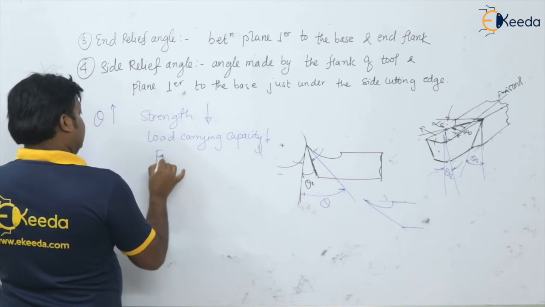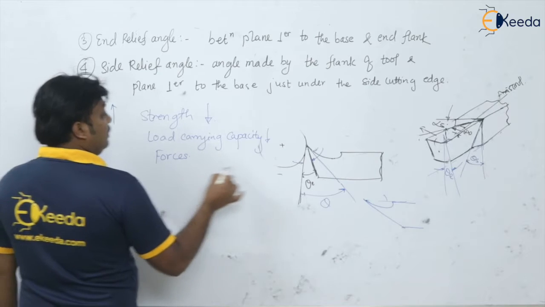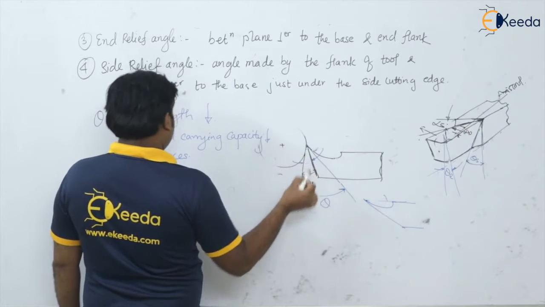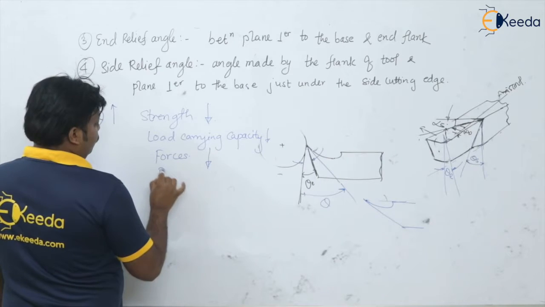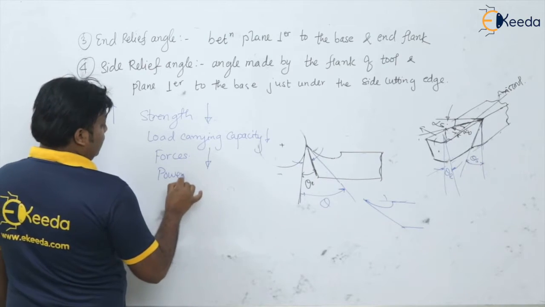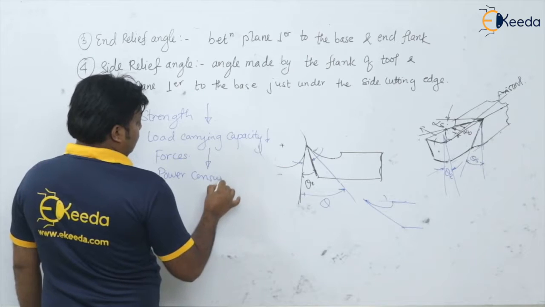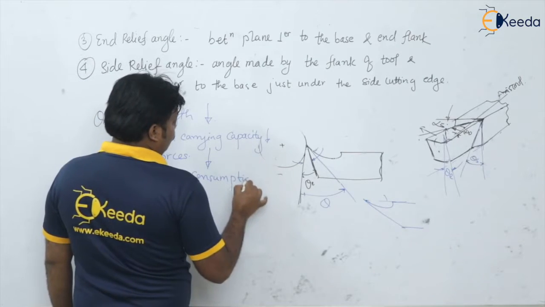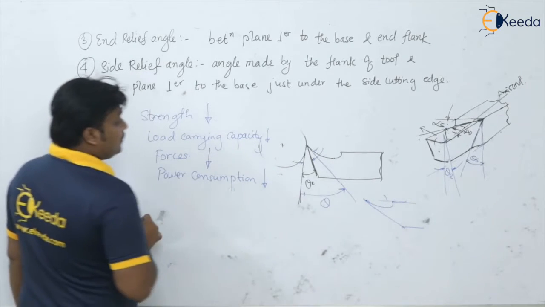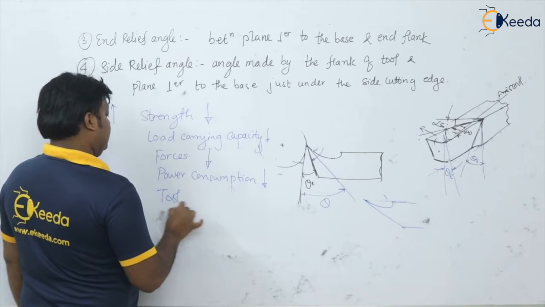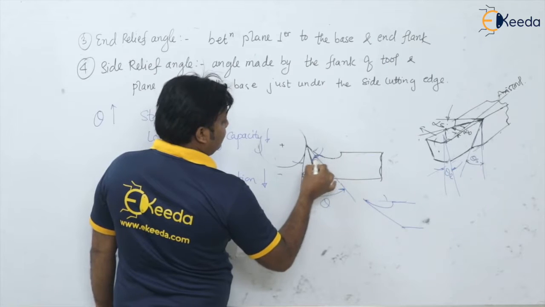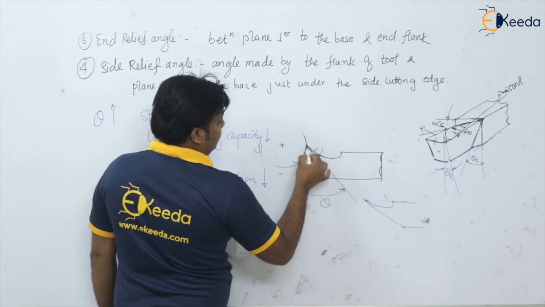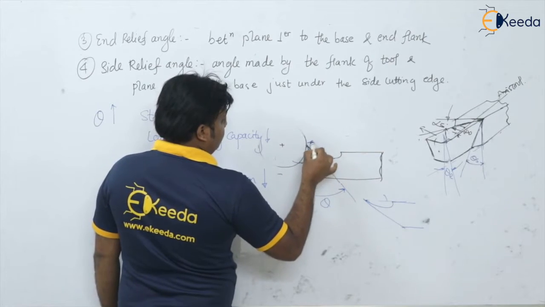Forces, of course, now it is only point contact with the tool, so forces are going to be minimum. If forces are minimum, then the power consumption is also going to be minimum. And what about tool life? See here, initially the wear land was this. This was the wear land, this is the length.